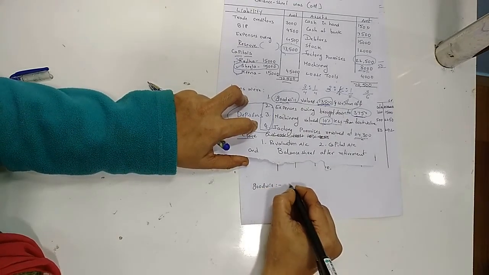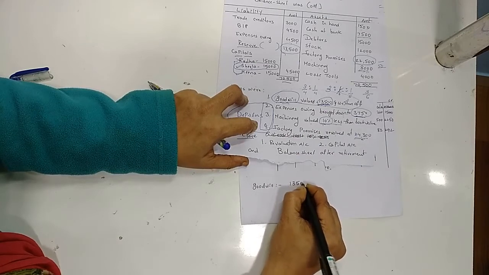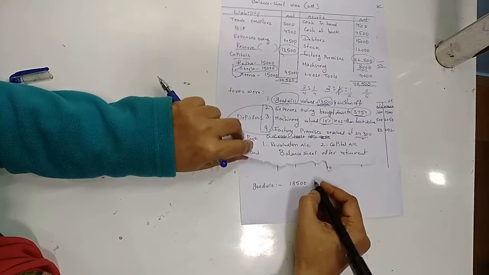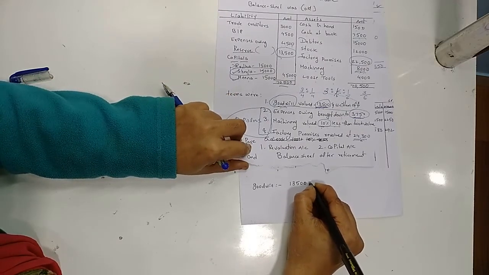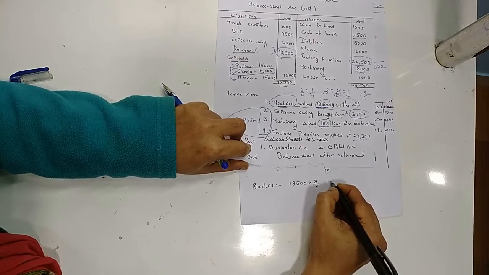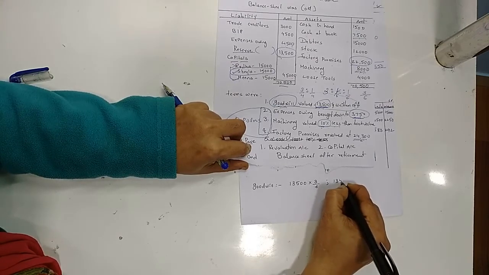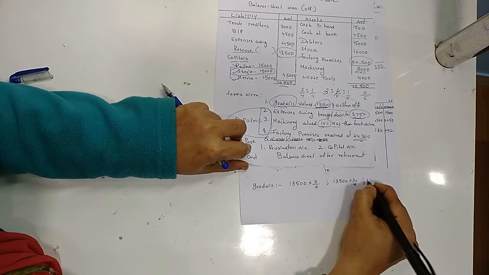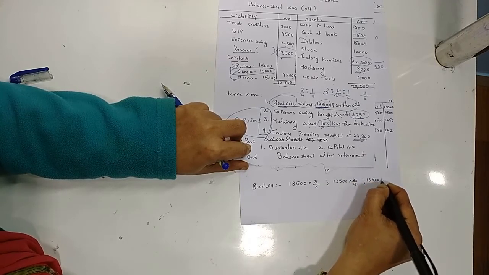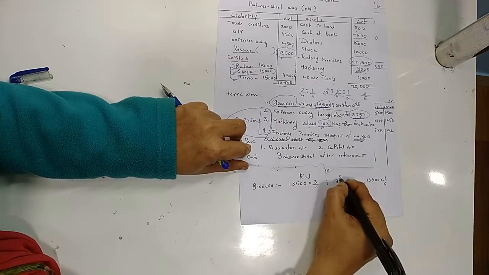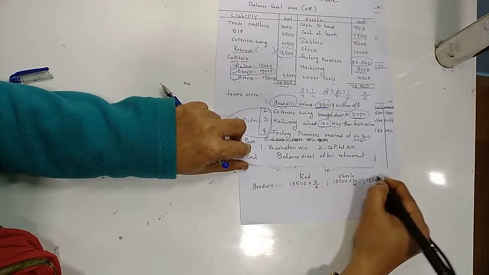First, on the credit side, share it to all partners: 13,500 by 3/6, 2/6 and 1/6.